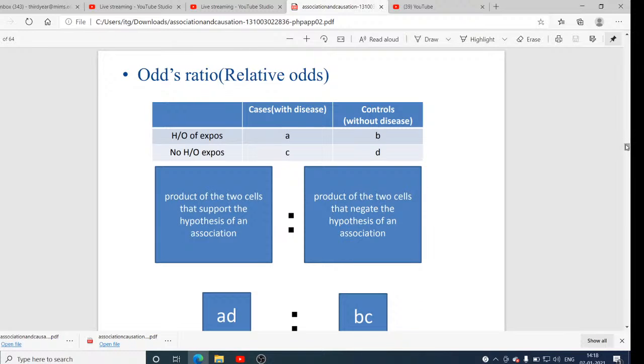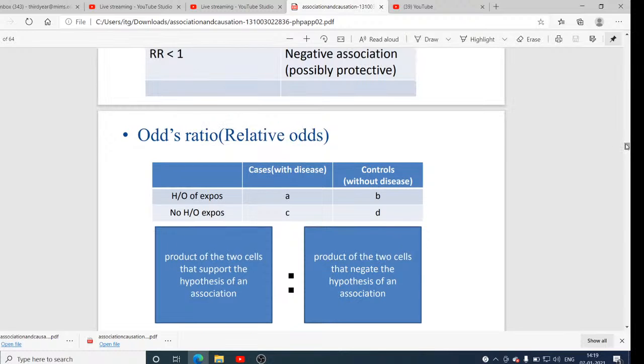Now coming to the odds ratio, also known as relative odds. It can be calculated by a 2 by 2 table. On the left-hand side, for example, history of exposed and history of not exposed, versus horizontally cases or controls. So A, B, C, D, I think we know the formula here.